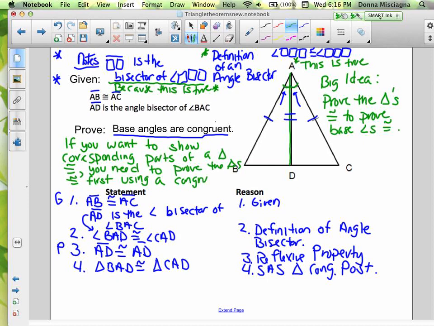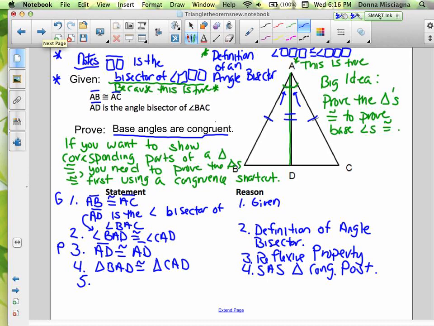Our five congruence shortcuts: side, side, side; side, angle, side; angle, side, angle; angle, angle, side; and hypotenuse leg. A congruence shortcut. Once we have the triangles congruent, we know all of the corresponding parts are congruent, because that's what it means to be congruent. All of your corresponding parts are congruent.